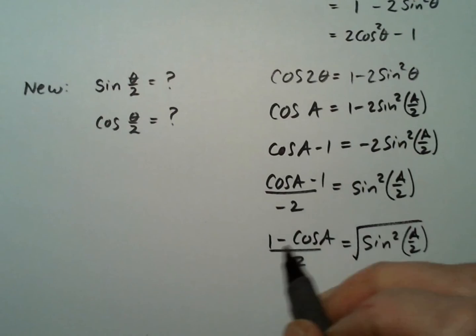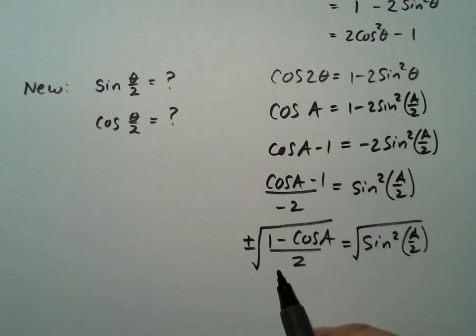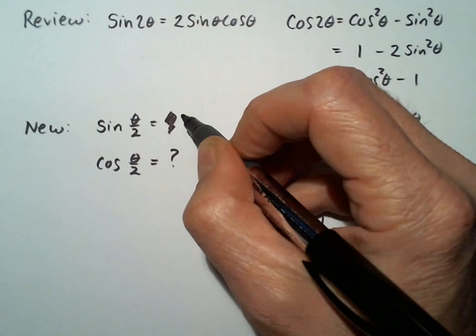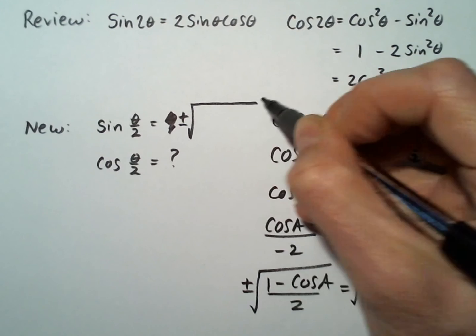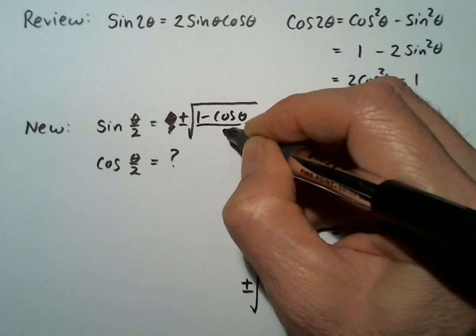And then we can do square root. And there's the formula for sine of half of an angle. So let's write that up here. Sine of half theta is positive or negative square root of 1 minus cosine theta over 2.